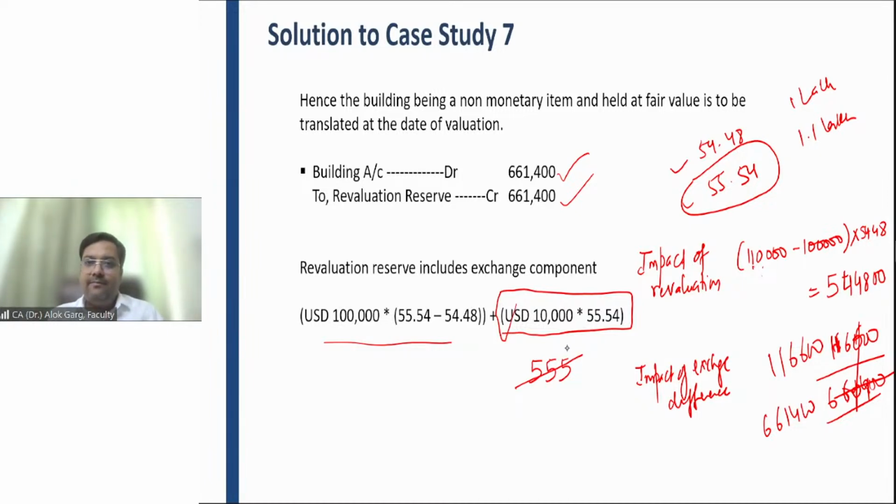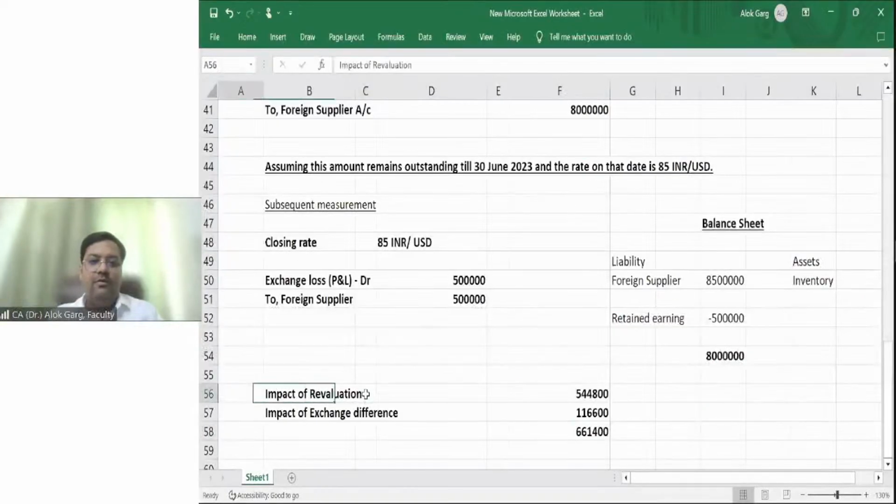Is that clear? So let me clarify here also. Impact of revaluation will be computed for the increase in revaluation amount multiplied by the old exchange rate.